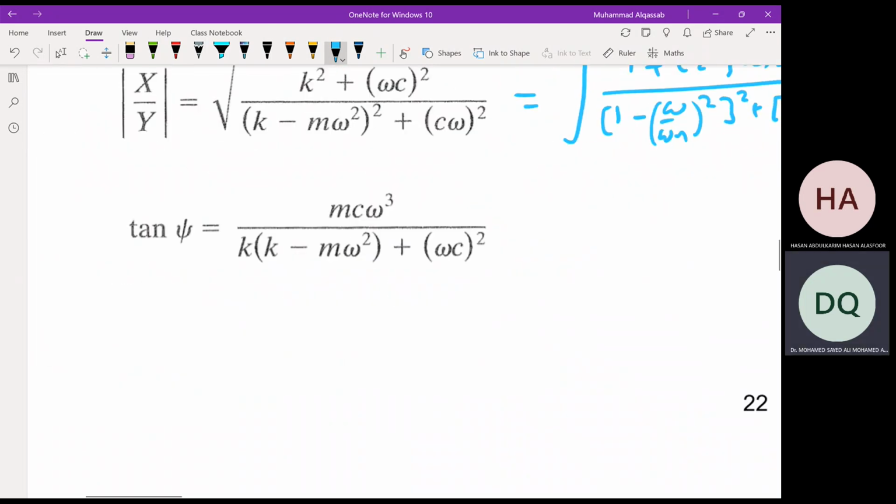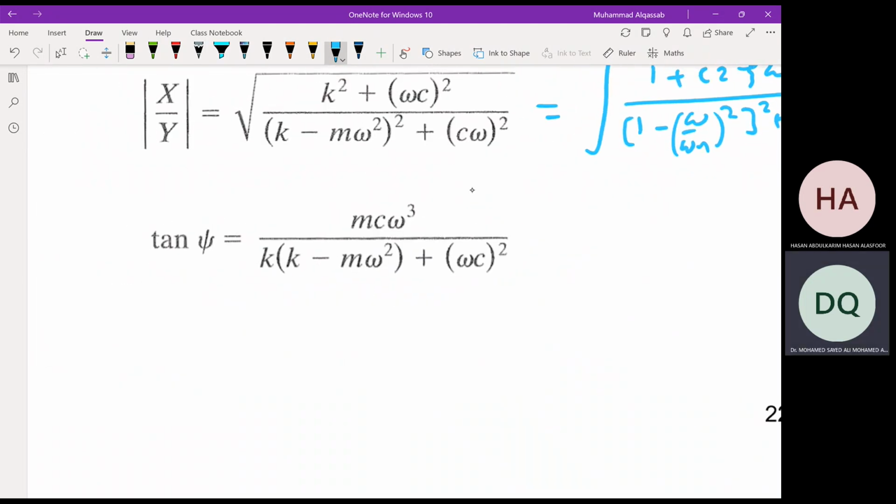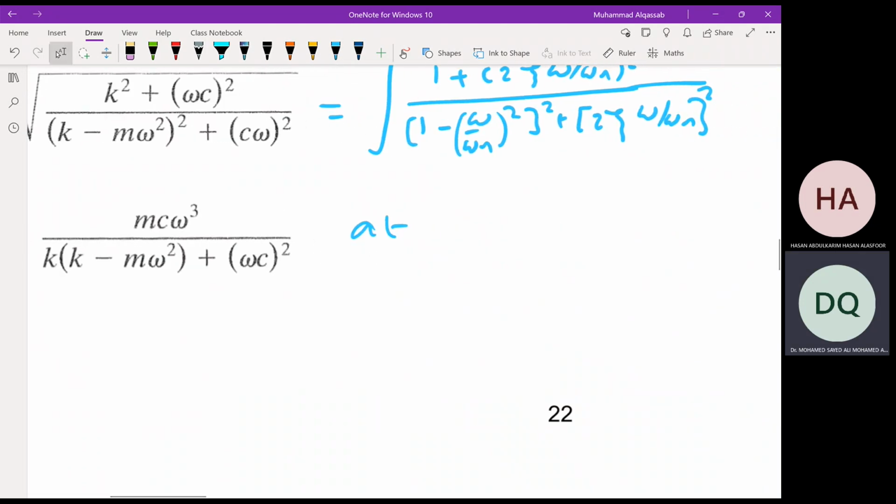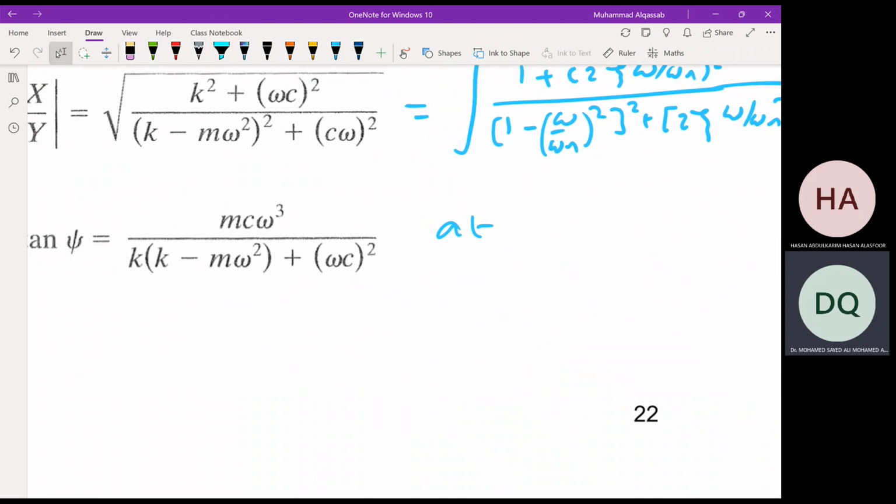Okay, and the phase is tan psi equal to m c omega to the power 3 divided by k times (k minus m omega squared) plus (omega c) squared. Here at resonance, the phase psi is not necessarily equal to 90 degrees. It depends on zeta.